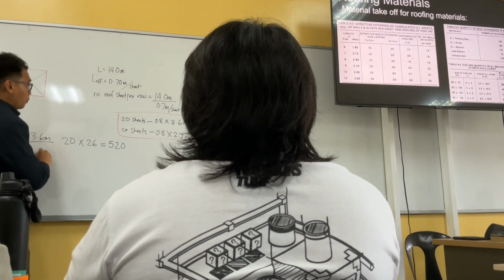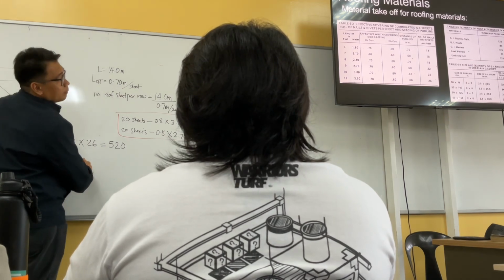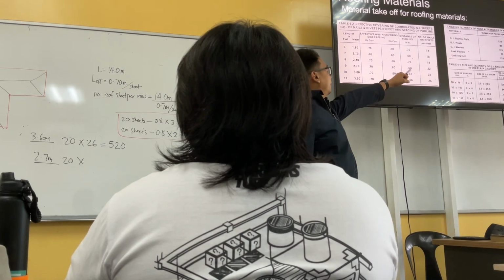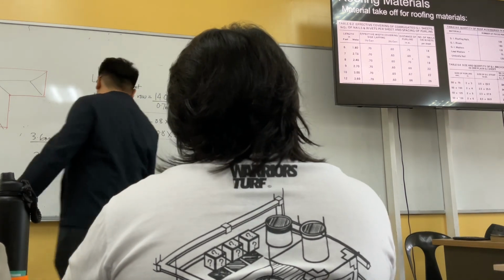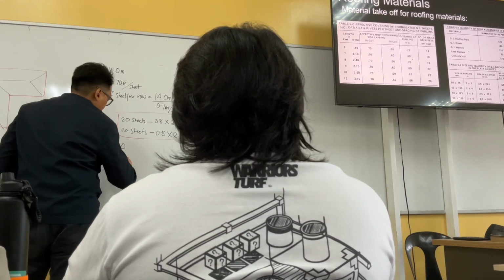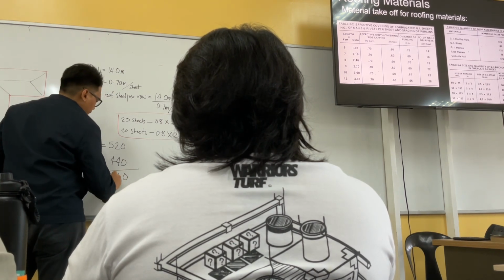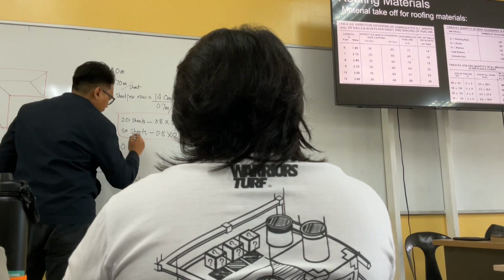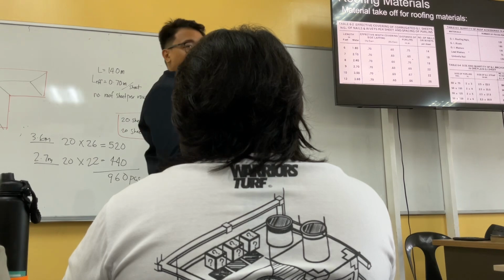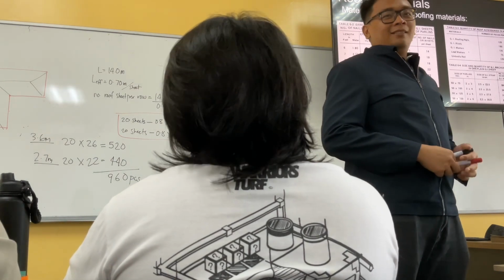How about your 2.7? What multiplier will we use? 22. 22 times 20 is 440. So all in all, 960 nails. 960 nails. Where will you order?